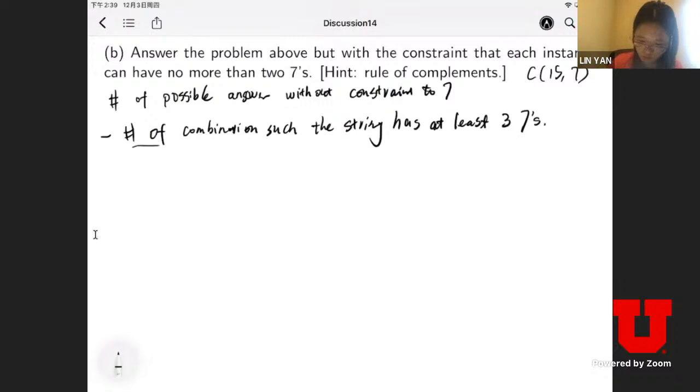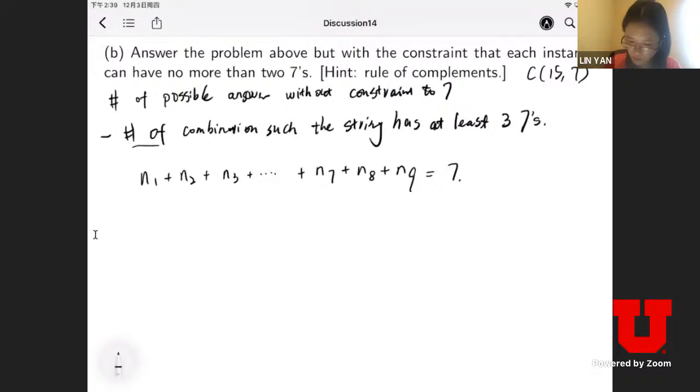For this one, we can still use the notions from part 1, but we need a small modification. This is the original one, but in part B we want to calculate the number of combinations such that the string has at least 3 sevens. So if we subtract 3 from n7, this item is still non-negative, and we also subtract 3 on the right-hand side.